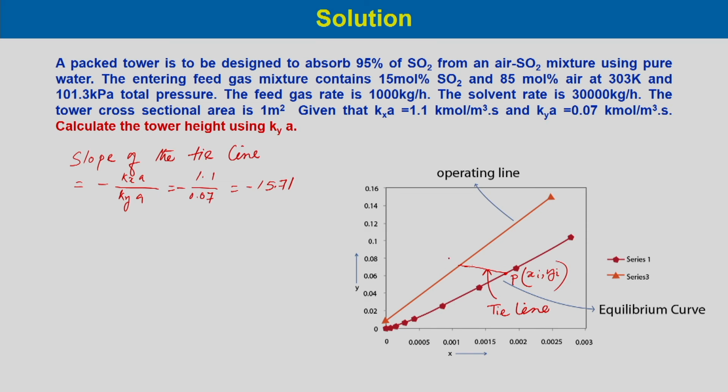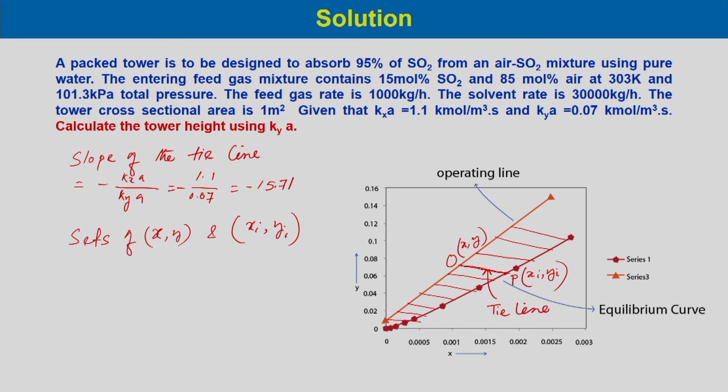So, this is point, say, O with x and y. These are parallel straight lines with this slope, so we can draw several tie lines parallel to this one. From this we will have sets of x, y and xI, yI.